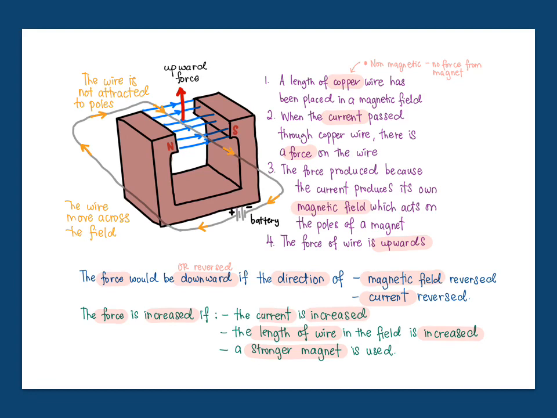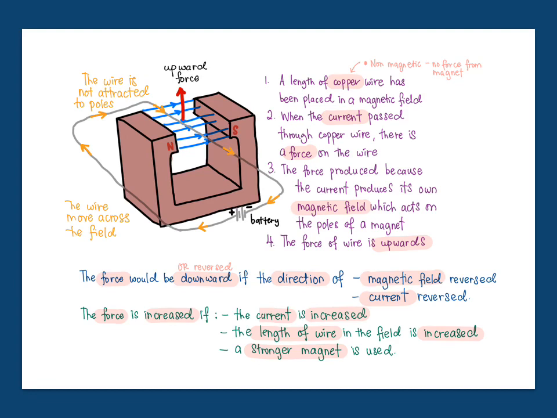Okay, the second one, when the current passes through the copper wire, so current dekat sini mestilah direct current. Okay, pass through the copper wire, so there is a force on the wire. So the force is produced because the current produces its own magnetic field which acts on the pole of a magnet. So the force on the wire is upwards.